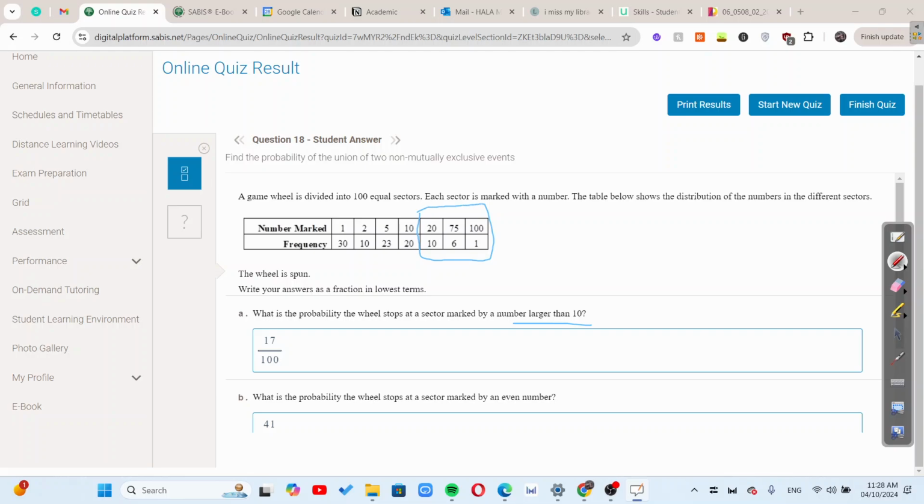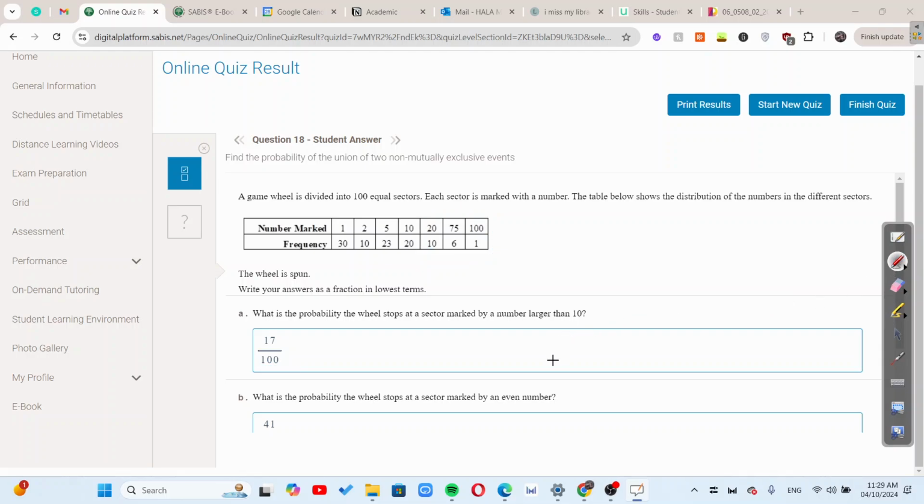So 20, 75, and 100 are larger than 10. Now we need to add all of these together. So it's 10 plus 6 plus 1, which is 17 over 100. That's your probability of getting a number larger than 10.